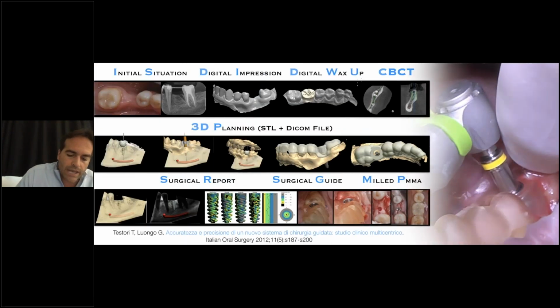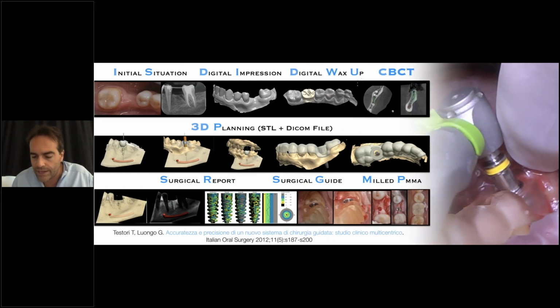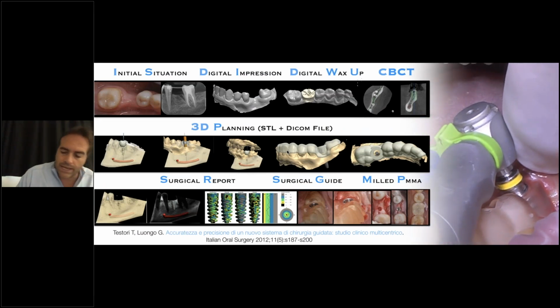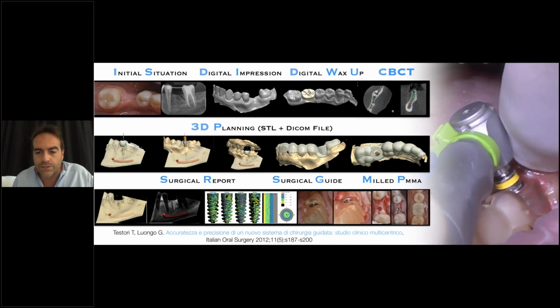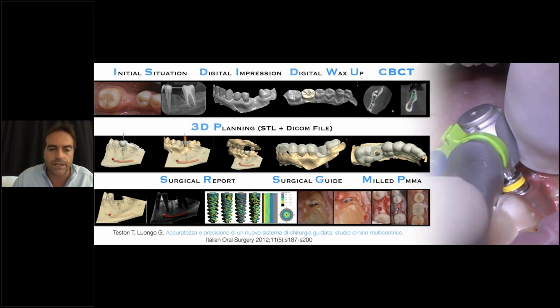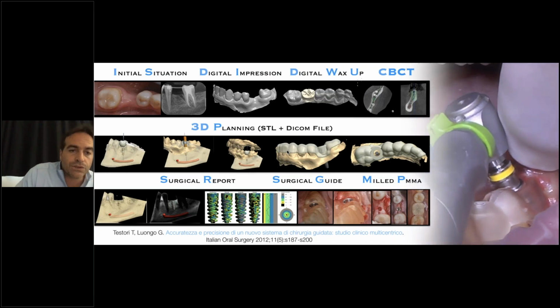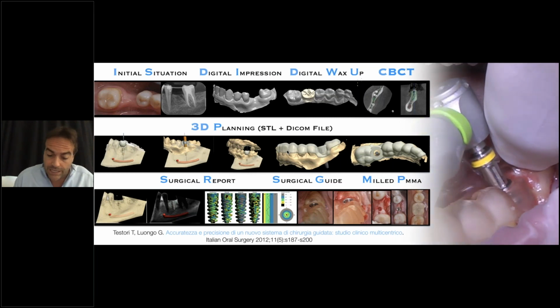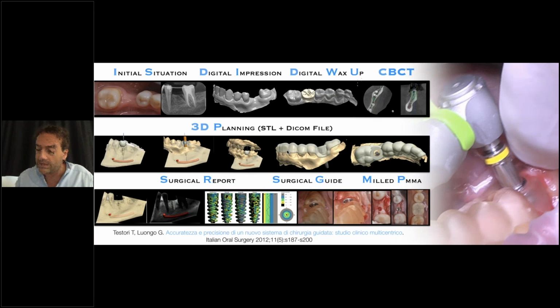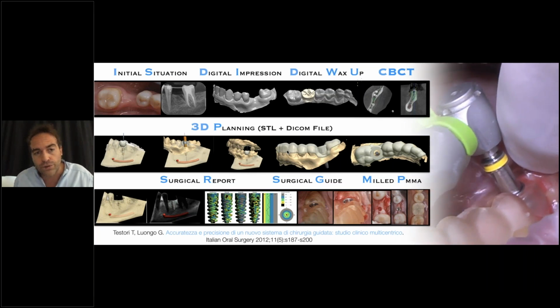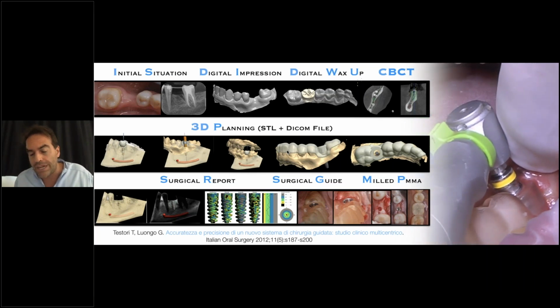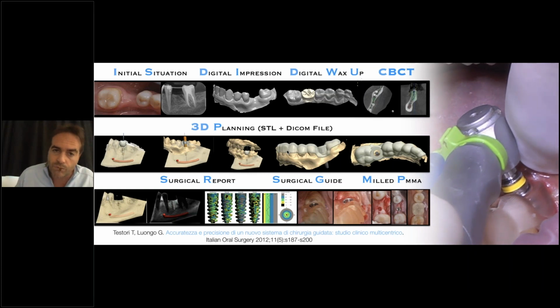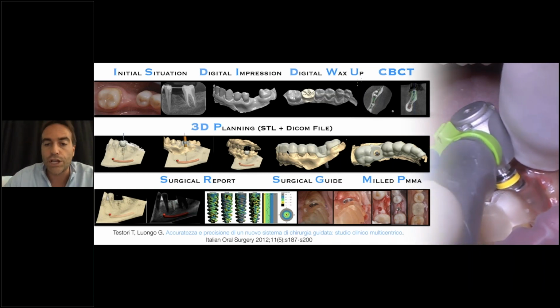And here you see everything that I just said relating to virtual planning and computer-guided surgery in one single screen. And you see that from the initial situation, we have our knowledge. So our knowledge gives the opportunity to create an interdisciplinary treatment plan, so orthodontic, in order to create the correct space to then place the implant, to then have a nice crown in position.